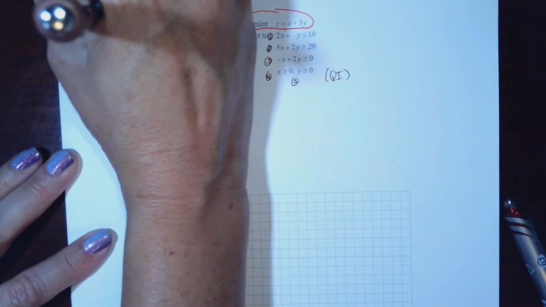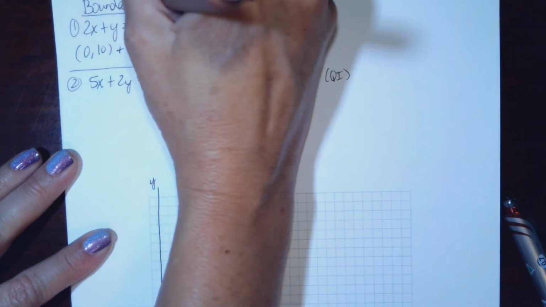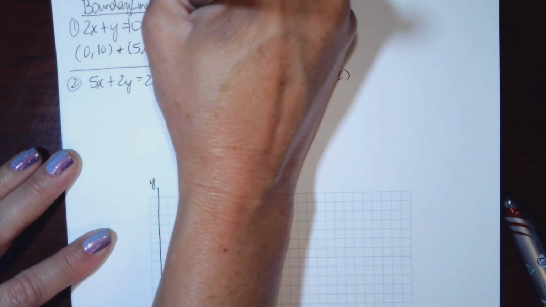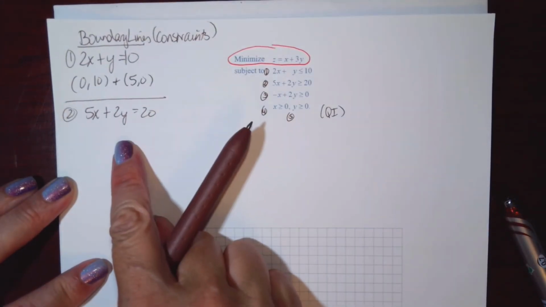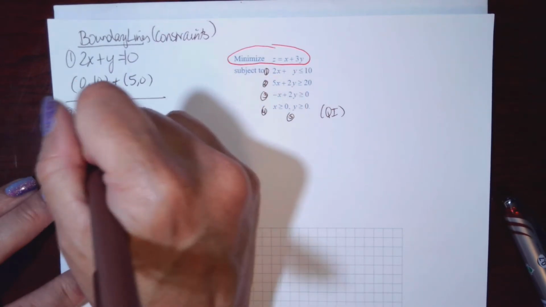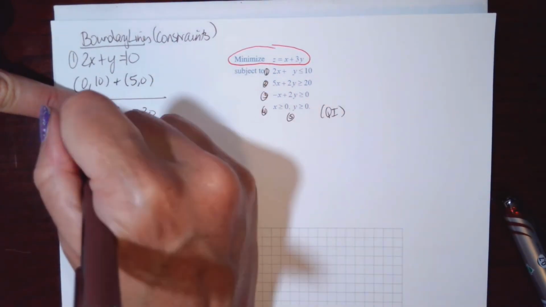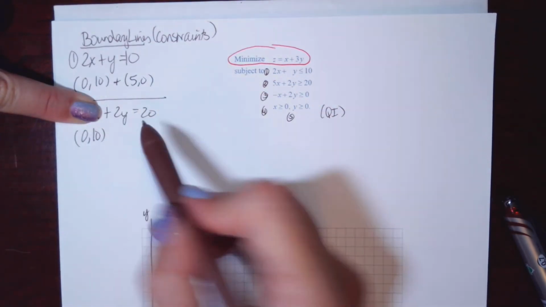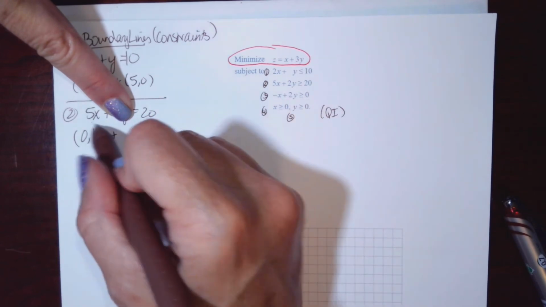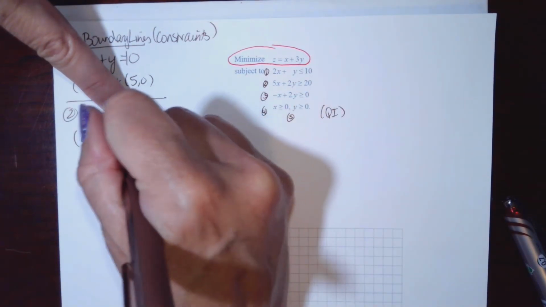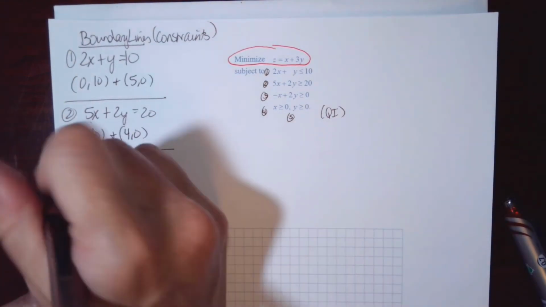These are my boundary lines I'm working out, my constraints. If I do intercepts, if x is 0, y is going to be 10 because I divide by 2. If y is 0, divide by 5, and I get that x would be 4. So those are my x and y intercepts for my second line.